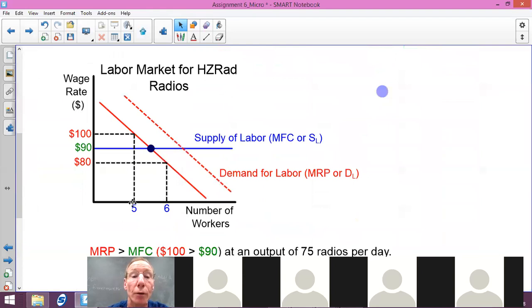So at 5 workers, instead of having a marginal revenue product of 100, it's going to be 120. It's going to be something up here, okay, at every level. So that's going to shift the demand for labor curve, or the marginal revenue product curve, to the right for the firm. So it means that the demand for labor for the firm is going to increase, okay? That's your answer.